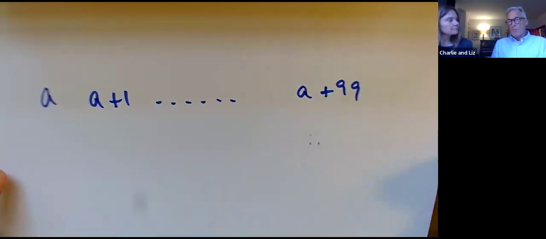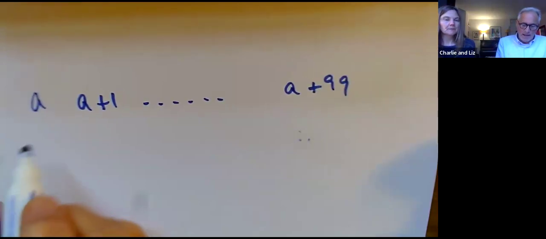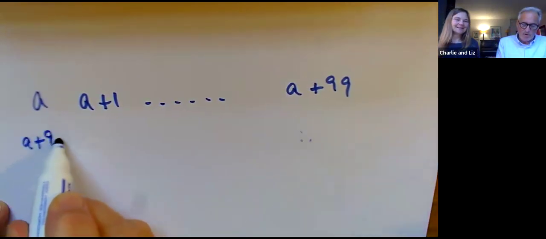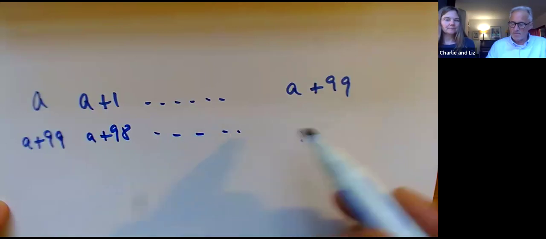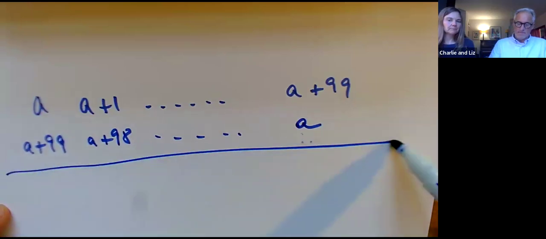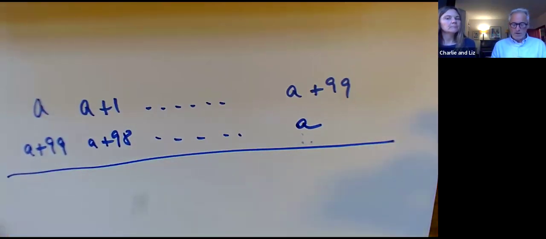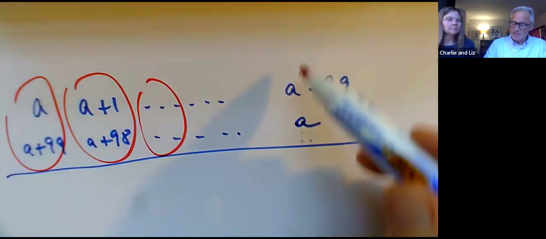One way of doing this is to imagine taking that and writing it again, but in the reverse order. So we've got this string of numbers, and we're going to reverse the order. And we're going to have an A. And then we're going to add the top to the bottom, and we're going to find that every pair will add to the same total.